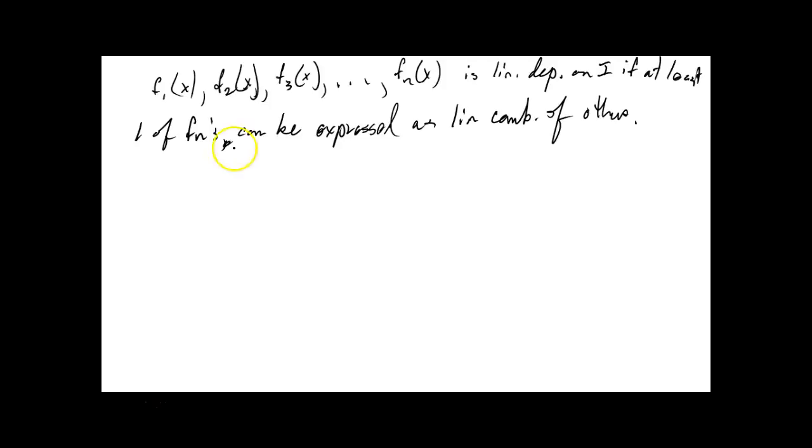So their example here, what if you had three functions, f1(x), f2(x), and f3(x), and they were linearly dependent? That means there's some set of constants, C1, C2, and C3, that would make that combination equal to 0.